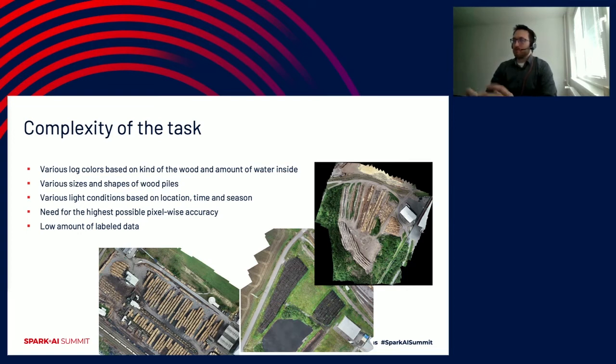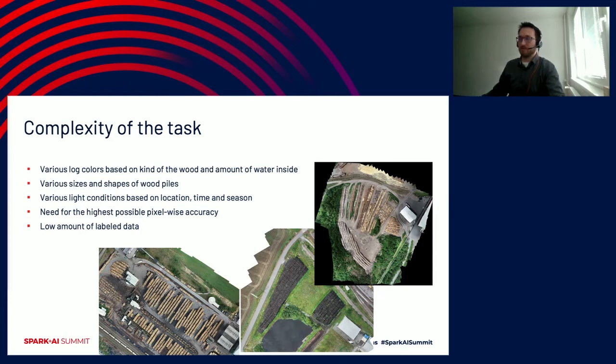Also, a lot of differences in lightings and shadows play an important role in this image processing task. And as you can imagine, a low amount of labeled data is a terrible issue in every machine learning task.